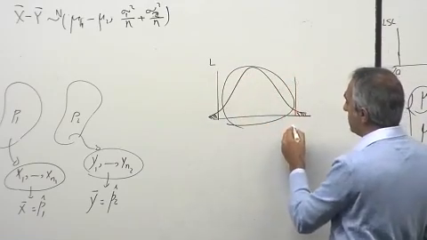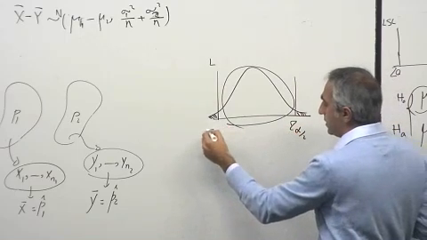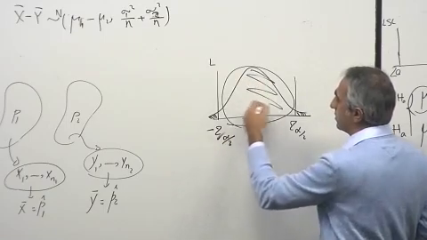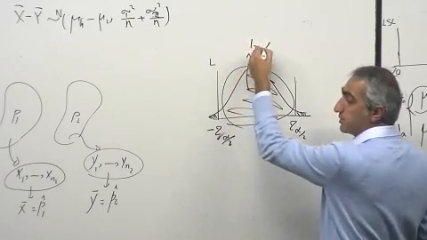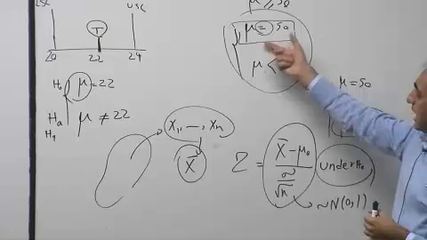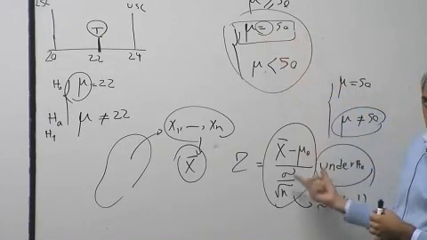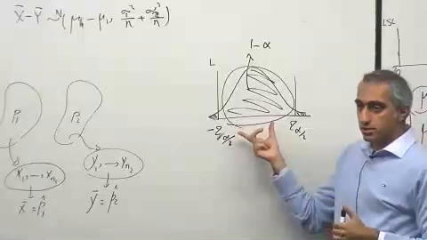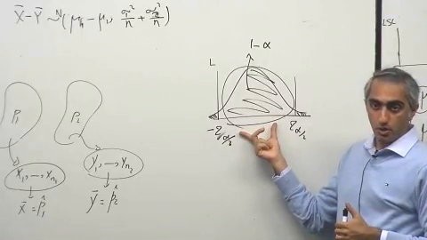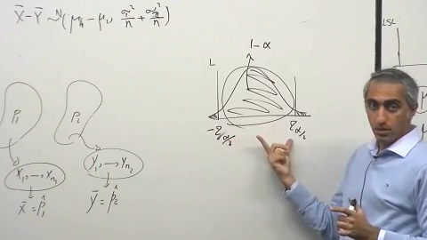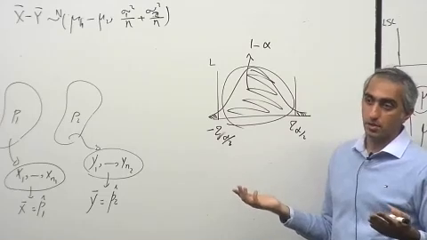So if I define this as z alpha over 2, and this one as minus z alpha over 2, then what is this probability? 1 minus alpha, okay? So what does it mean? It means if your mu is actually 50, or mu 0, then the probability of not rejecting your H null, because it's in between, is 95%, which is a good number.